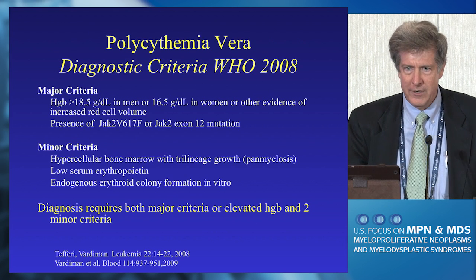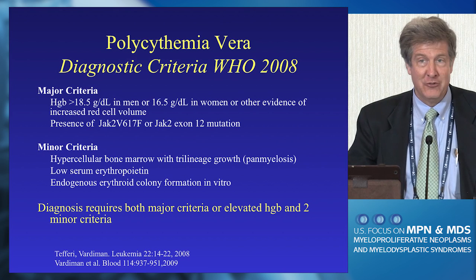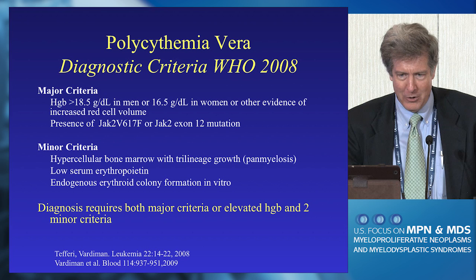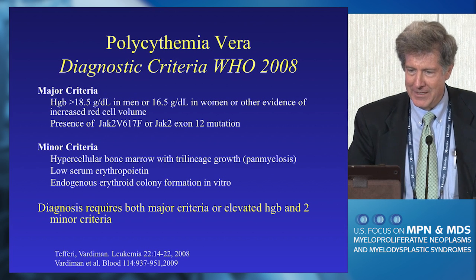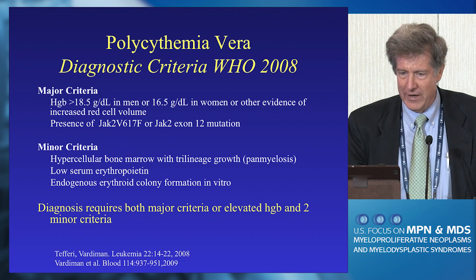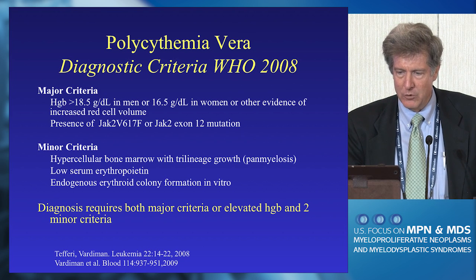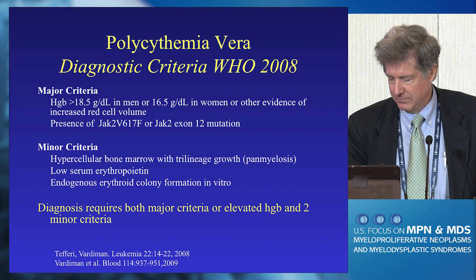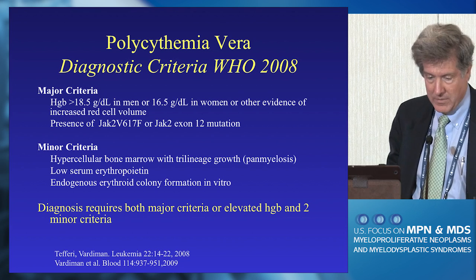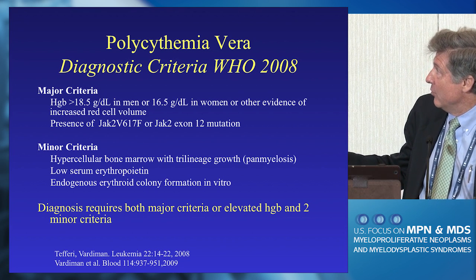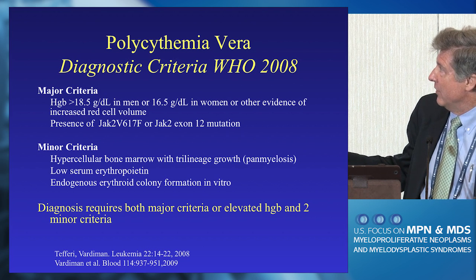So just to know where things were prior to the spring when the new diagnostic criteria were proposed, the Polycythemia Vera criteria from the 2008 WHO classification included the presence of hemoglobin 18.5 in men or 16.5 in women, or other evidence of increased red cell volume.